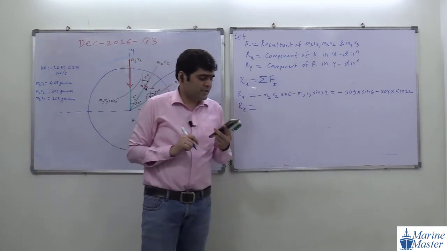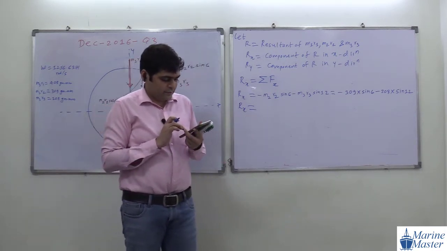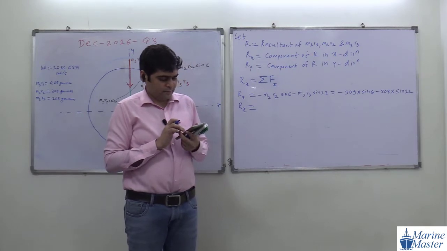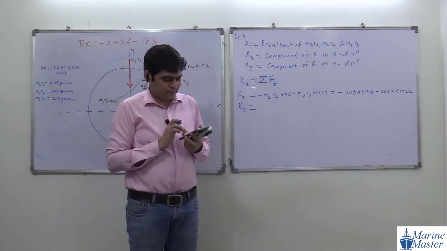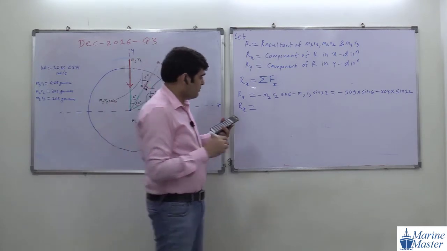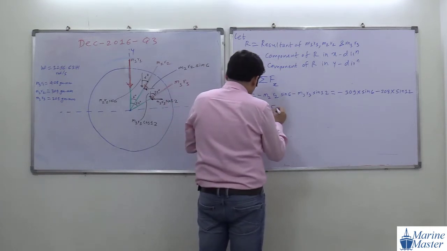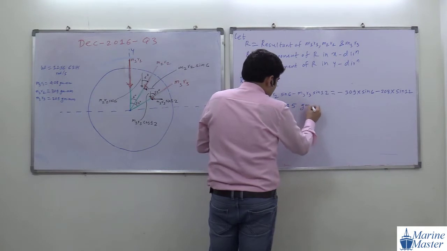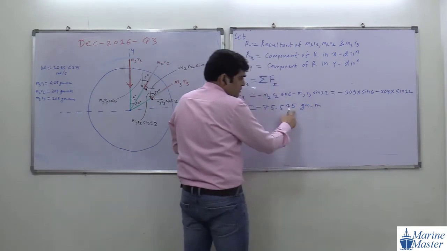Check it once again. Please try to do the calculation properly. How much? Minus 75.55 unit.